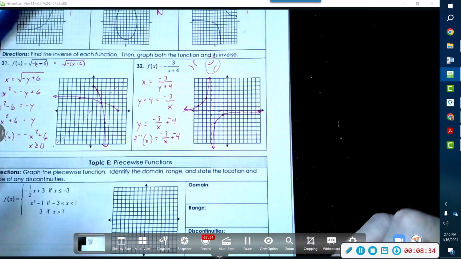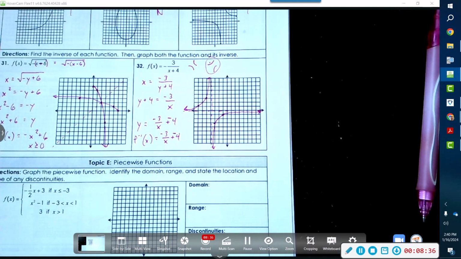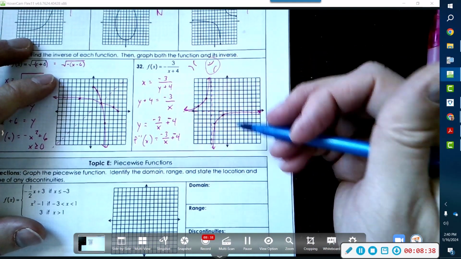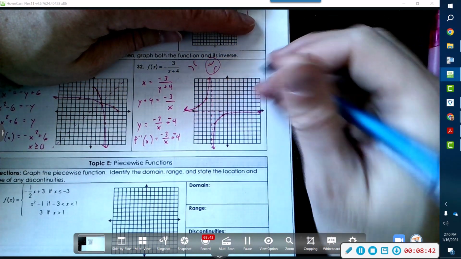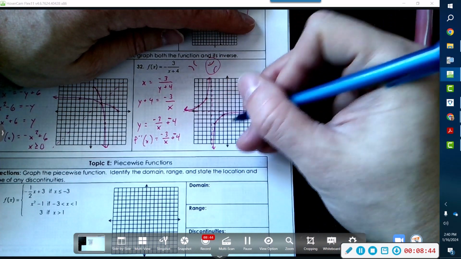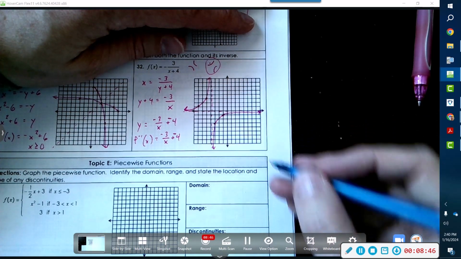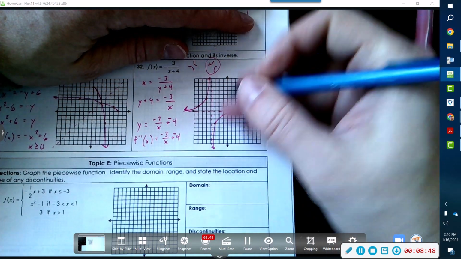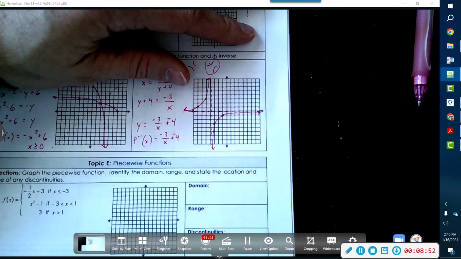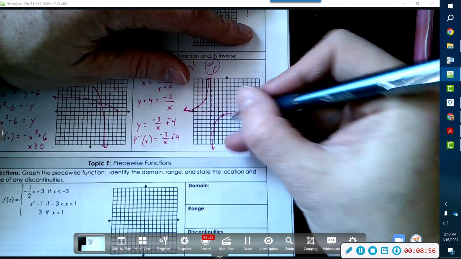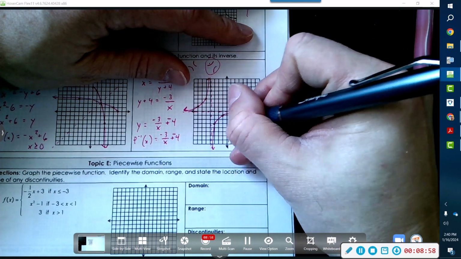Okay, so now I'm going to do it in blue. Now what I have to do is completely ignore what I see in pink. And so I'm not going to move over to the right or left, but I am going to move down 4. So, not moving up or down.